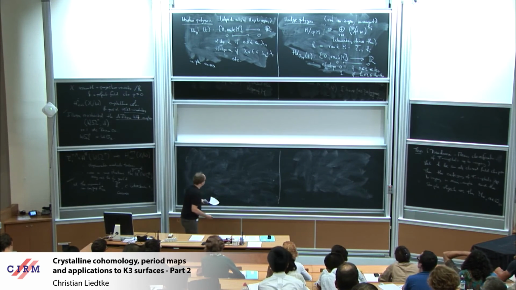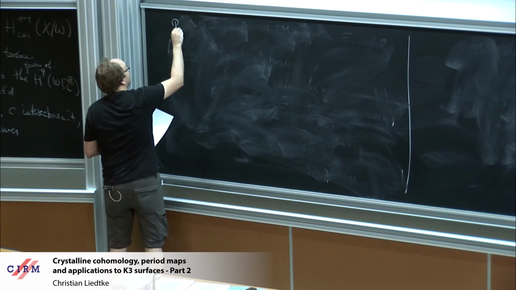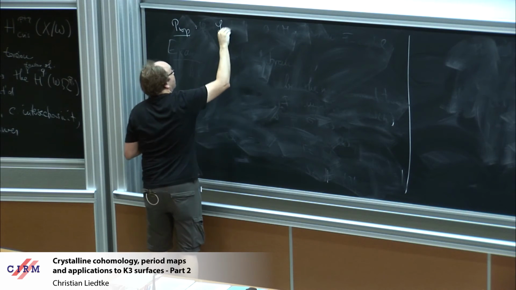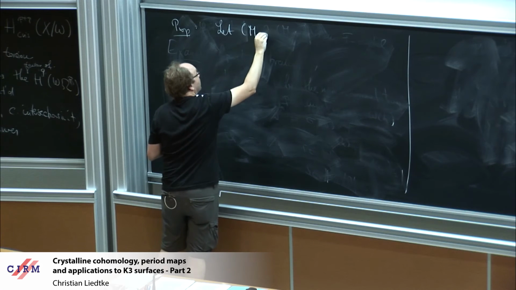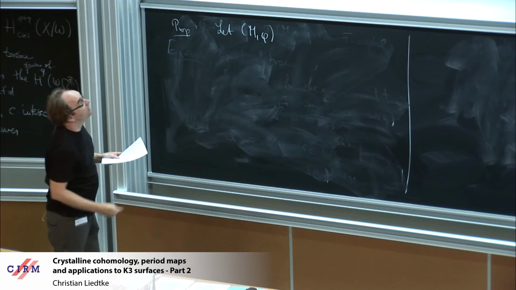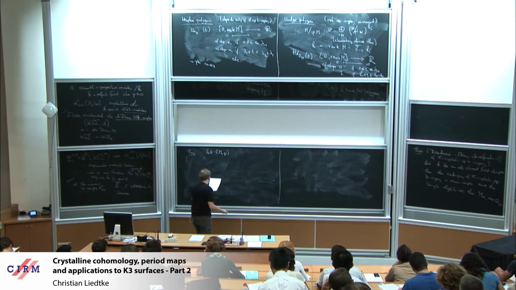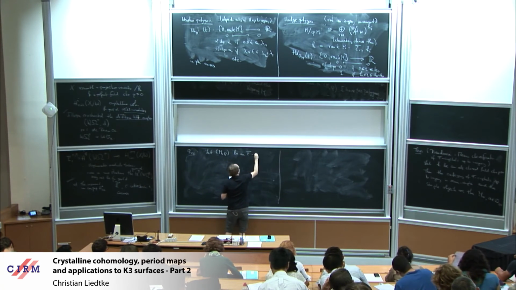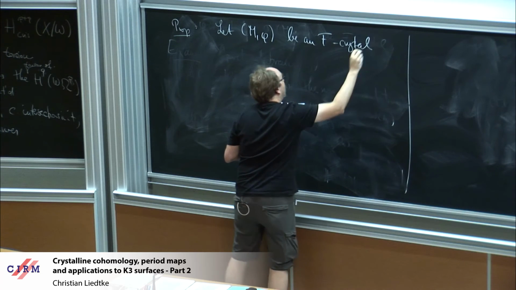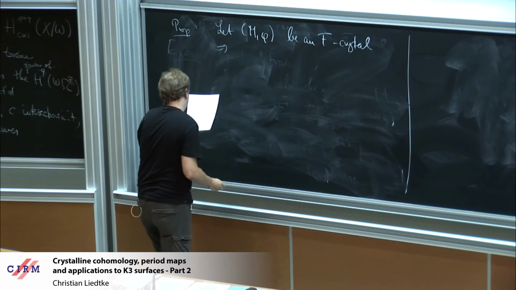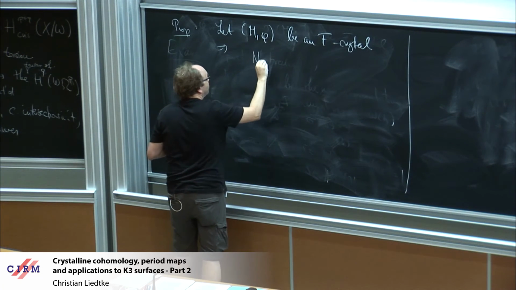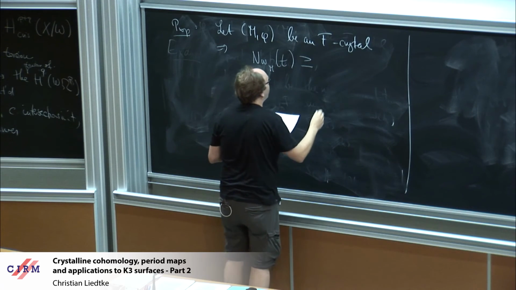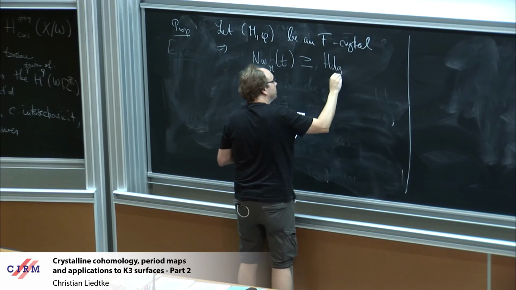So in this generality, we have the following proposition. So this is also a convex polygon, I should say. So it also gives you a convex polygon. Then let F be an F-crystal. Then the Newton polygon is always on or above the Hodge polygon.